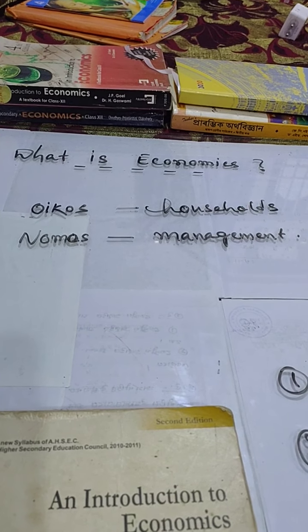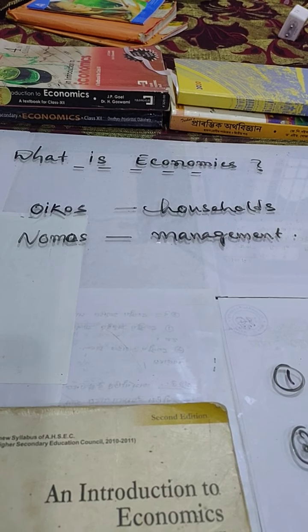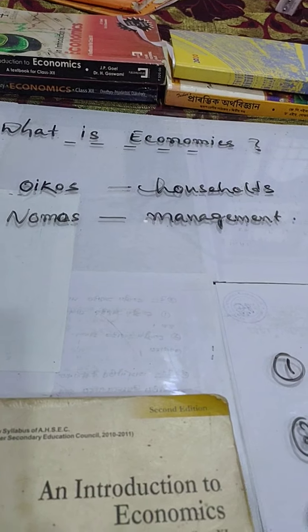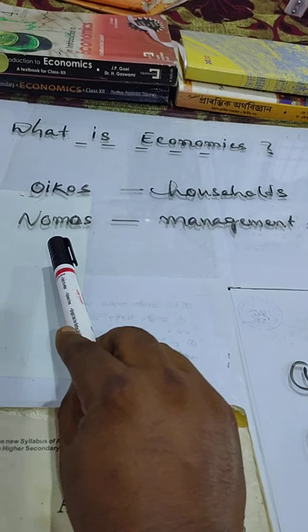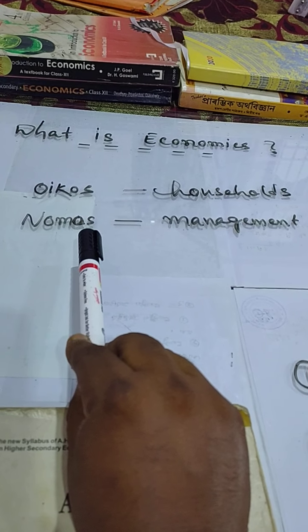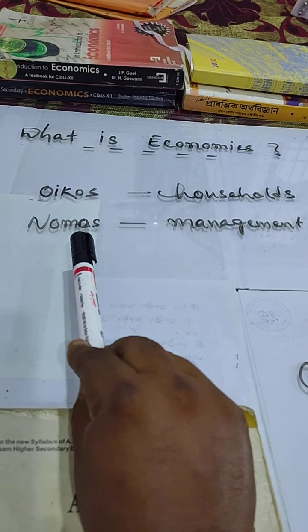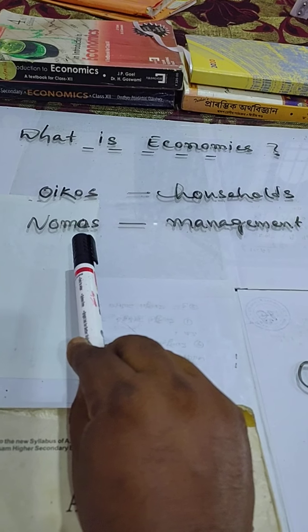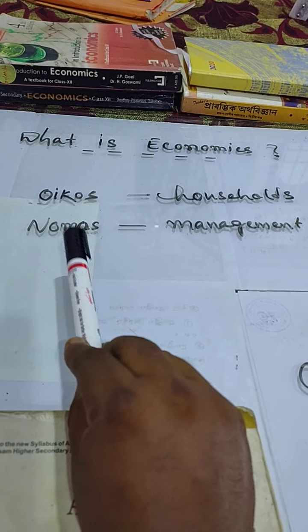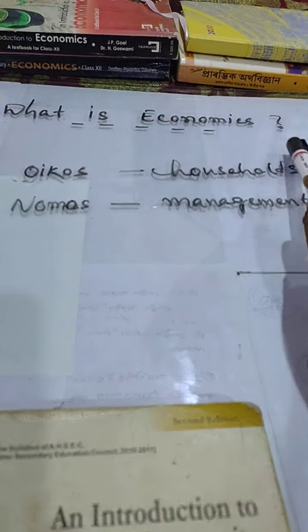Or what do you mean by economics? First, you see the term economics is derived from two Greek words, oikos and nomos. Again, you listen, oikos and nomos. These are the two words from which we derive the term economics.